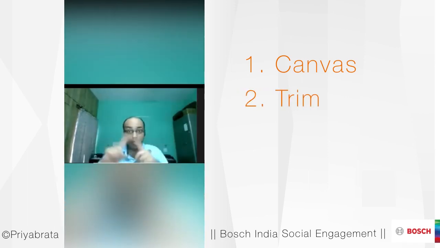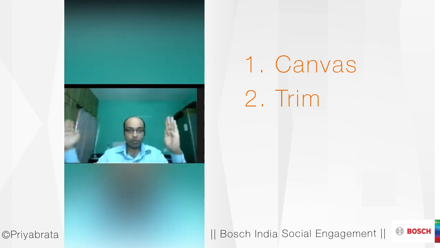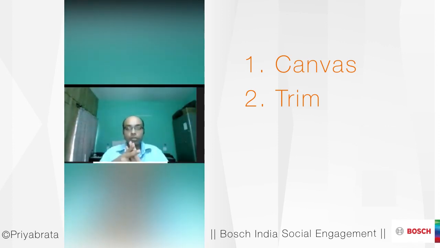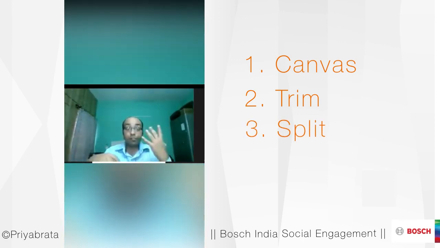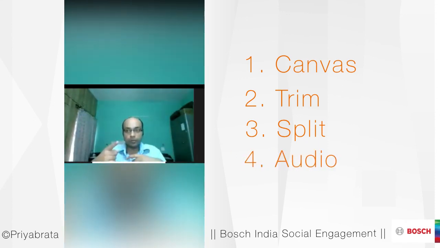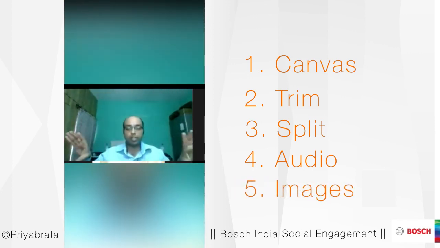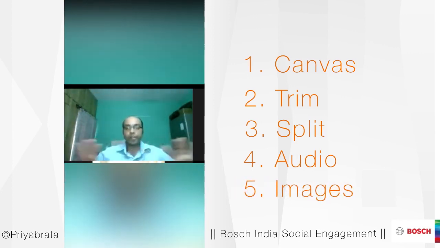Trim, not cut, trim from the starting and from the ending. The third thing you should do is to split the video wherever the error part is. The fourth thing you should do is then work with the audio. Then the next step would be to add any images, text on the video itself.